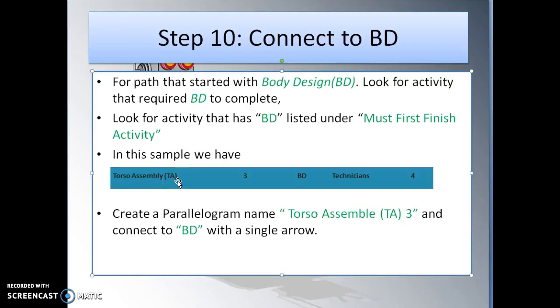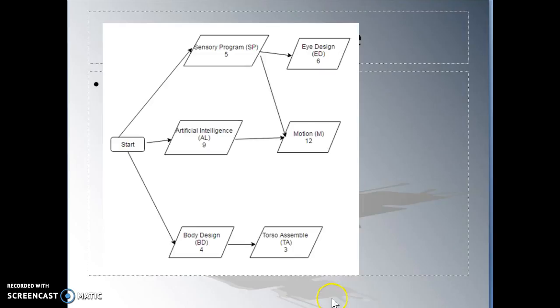Okay, so this is a new activity, so I will create a parallelogram named torso assembly, TA, and include the week, which is 3 weeks, and connect to BD with a single arrow. So once you complete, it looks like that. Okay, torso assembly, TA, and 3 weeks.